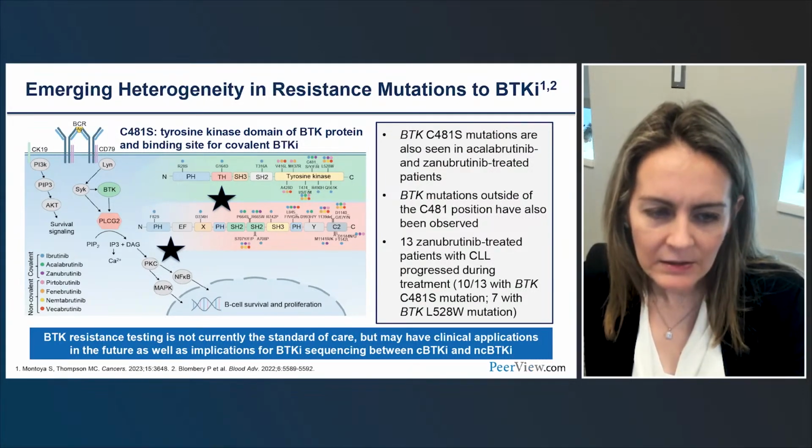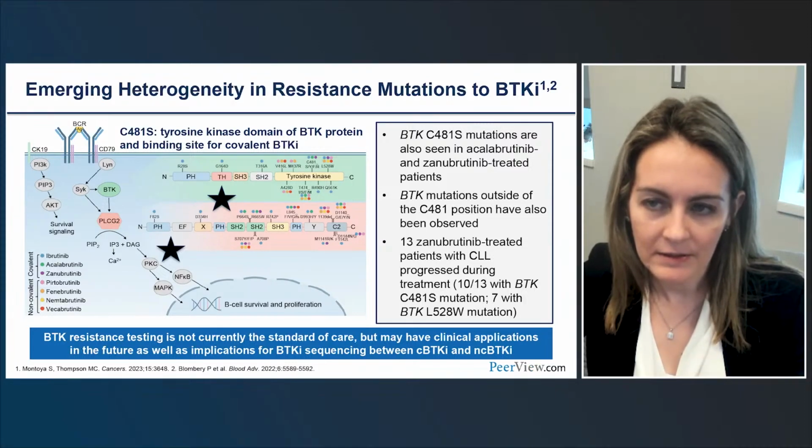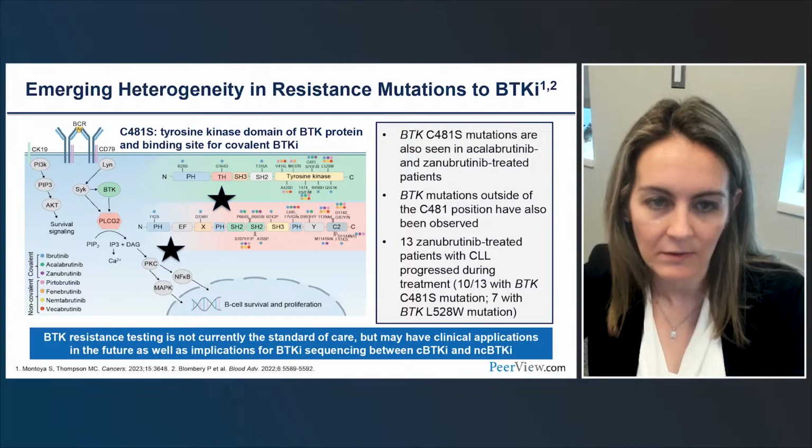And so we see some emerging heterogeneity in resistance mutations to BTK inhibitors, and this currently doesn't impact sequencing or the standard of care, and more research is needed, but perhaps we'll have more information in the future.